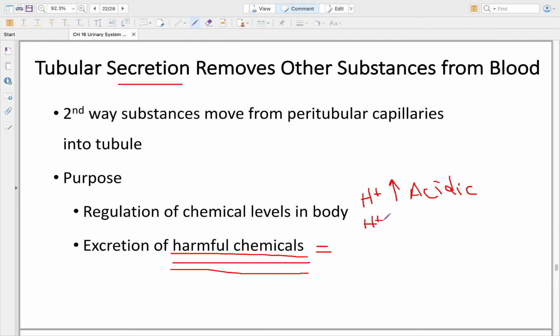Hydrogen ion too low, it'll be too basic. Now, part of our homeostasis is regulated by the urinary system in this process, okay? By regulating pH. That's what they mean by chemical levels. They mean the blood pH.